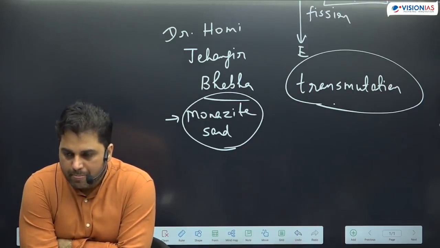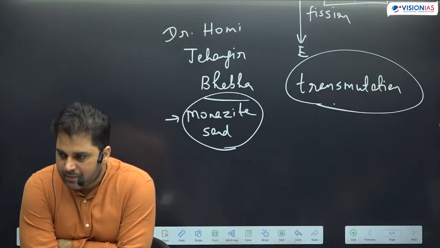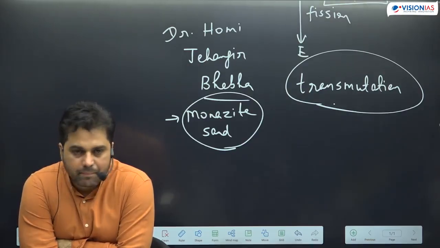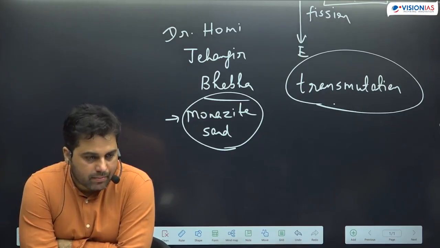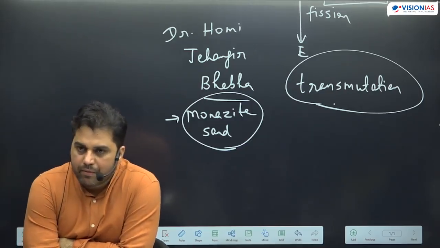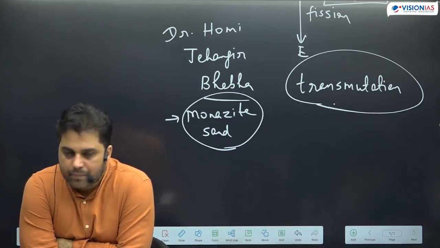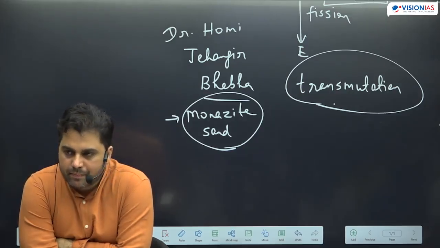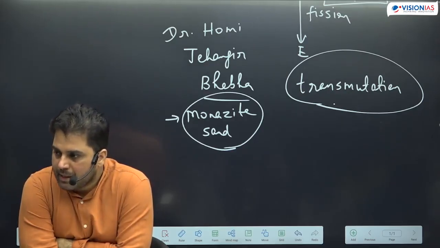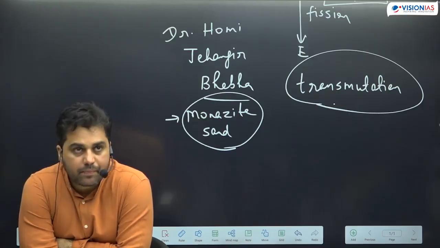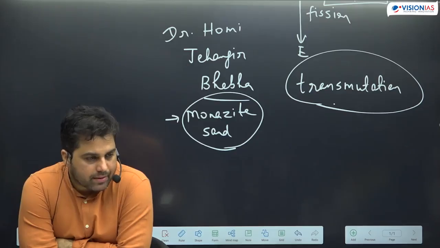Write down next bullet point, next paragraph. In the second stage, fast breeder reactors will be used, with no moderators and liquid sodium as coolant.